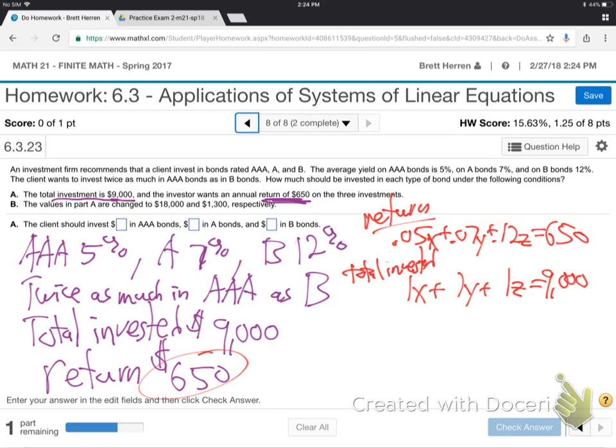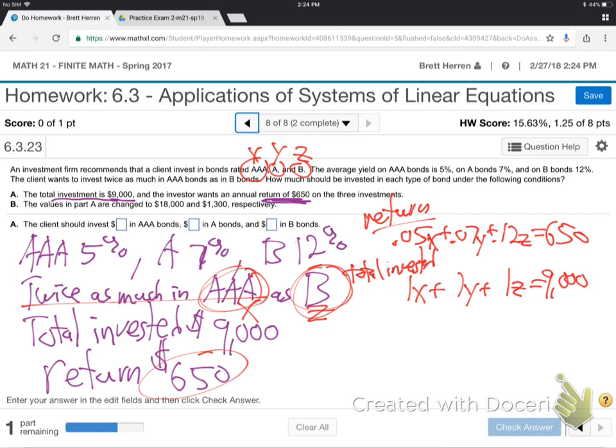Now the third one is special. That's where the curveball is. They can kind of change that up on you. Twice as much in AAA, x, as in B, z. x is twice as much.